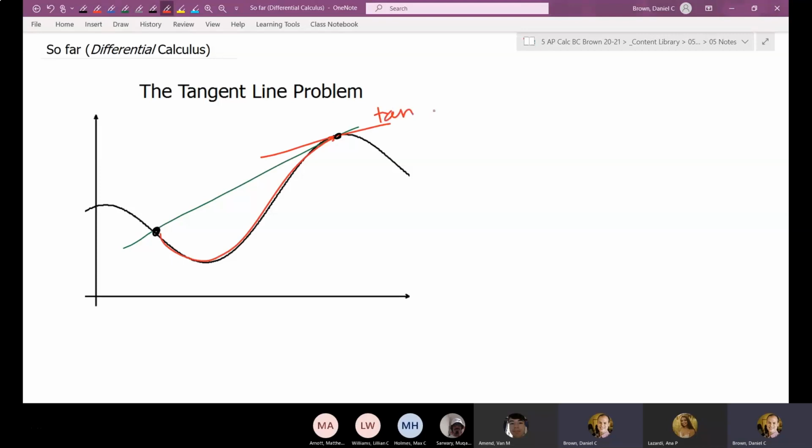That's really what calculus is all about when we're talking about differential calculus. That's the problem that was studied early on by Newton and Leibniz, and from there arose a whole bunch of other applications. We looked at curve analysis, intervals of increasing and decreasing, concavity, points of inflection, extrema, and then some other applications too, like related rates and optimization. There's of course more, but that's what we looked at when it comes to differential calculus.